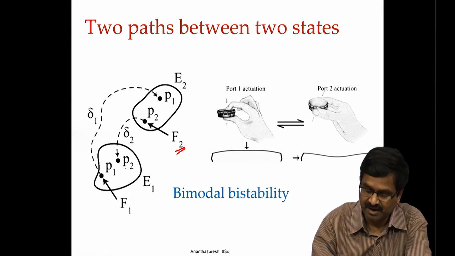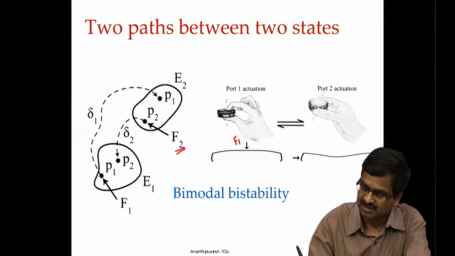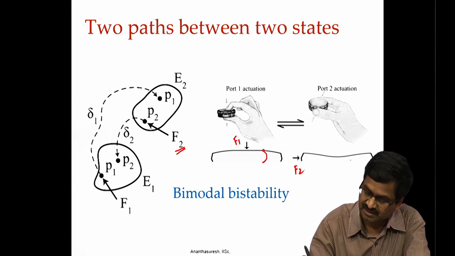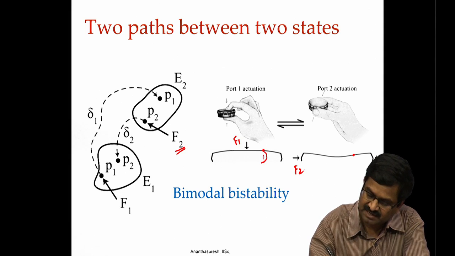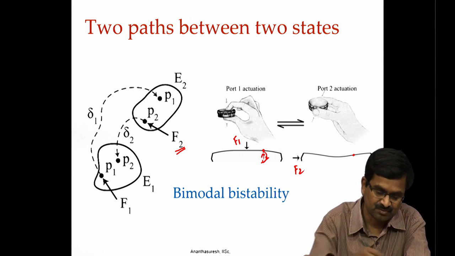So, going back and forth, if this is our port 1 actuation, then these are our port 2 actuations. If we take a point, it will take one path going that way, and then when it is here, okay, let us say that point when it goes there, let us say that is here, then it will take a different path to go back to this. So, from here it will take a slightly different path to go back, it will come like this, go like that. So, that is what is being shown here.